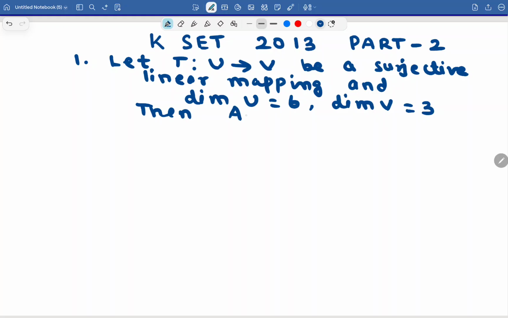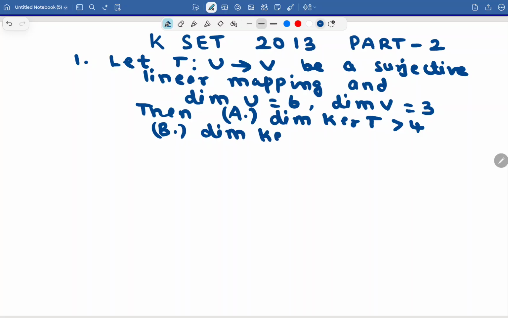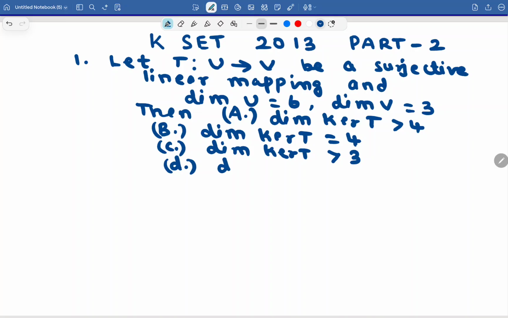Then option A, dimension of kernel of T greater than 4; option B, dimension of kernel of T equal to 4; option C, dimension of kernel of T greater than 3; option D, dimension of kernel of T equivalent to 3.